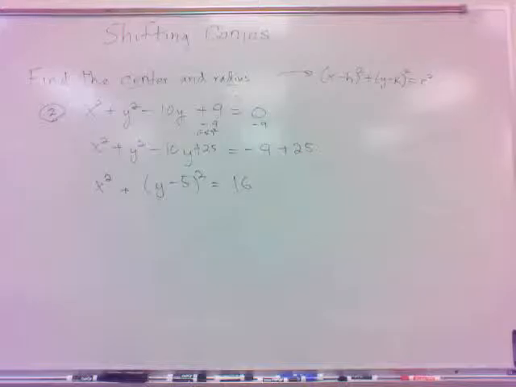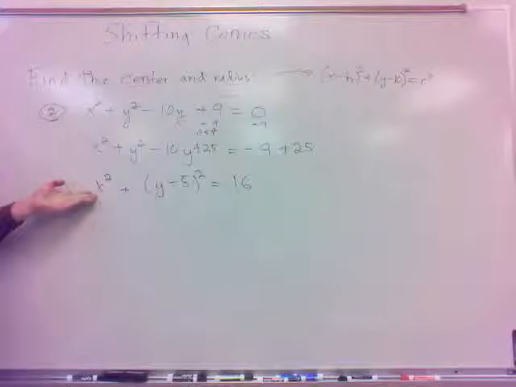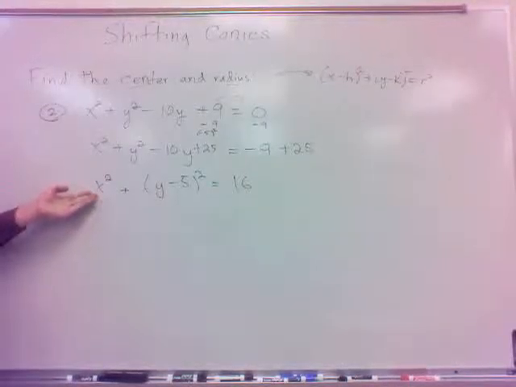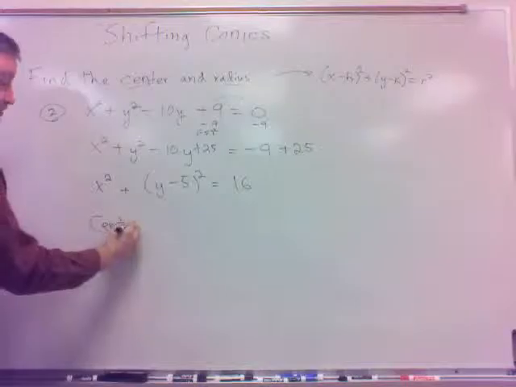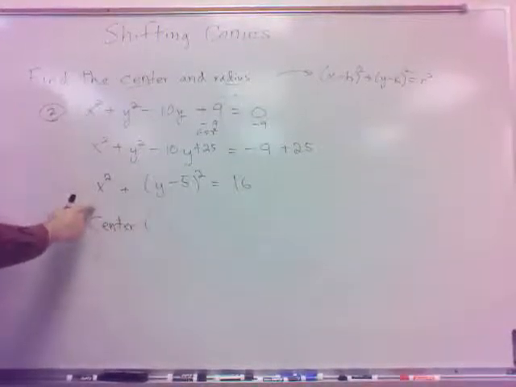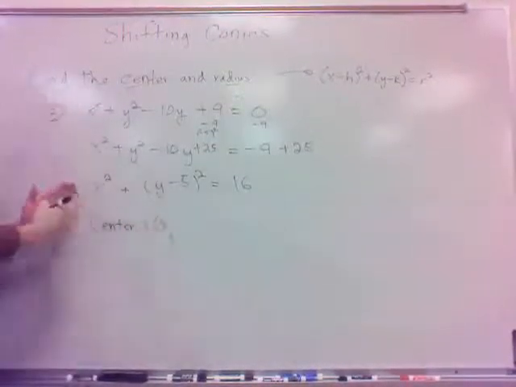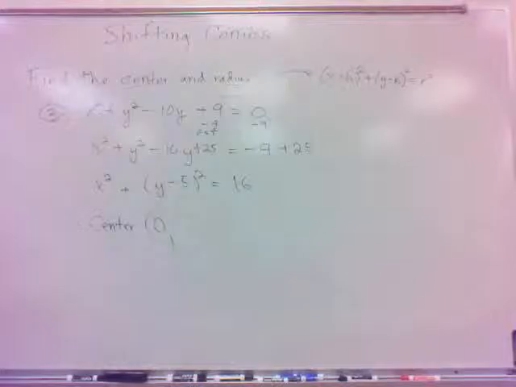So what is the center and radius there? And so that's one reason I mentioned that. Yeah, you don't have to shift both ways. You don't have to shift it right and left and up or down. In this case, what shift do I have on the x? There's no shift at all. So what would the center be? As far as the h goes, what is h? 0, yeah. If there's nothing subtracted from x, the h is just 0.